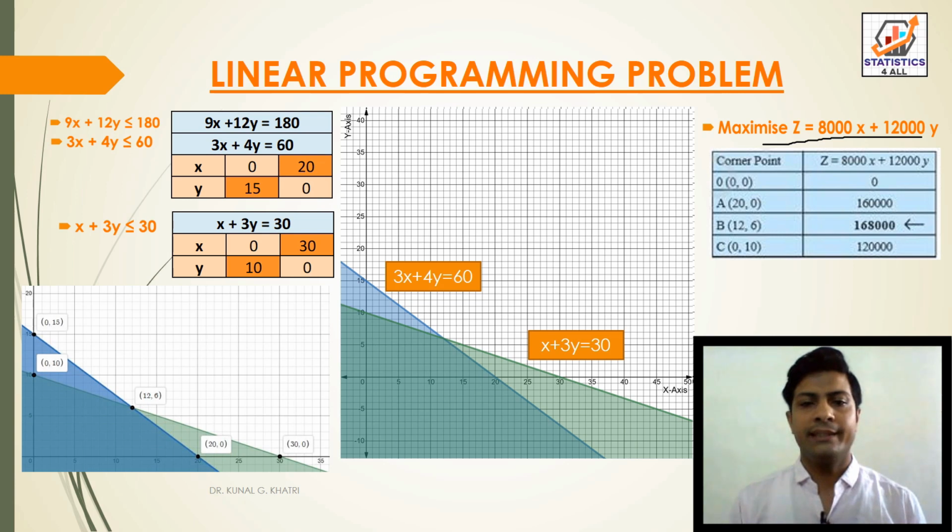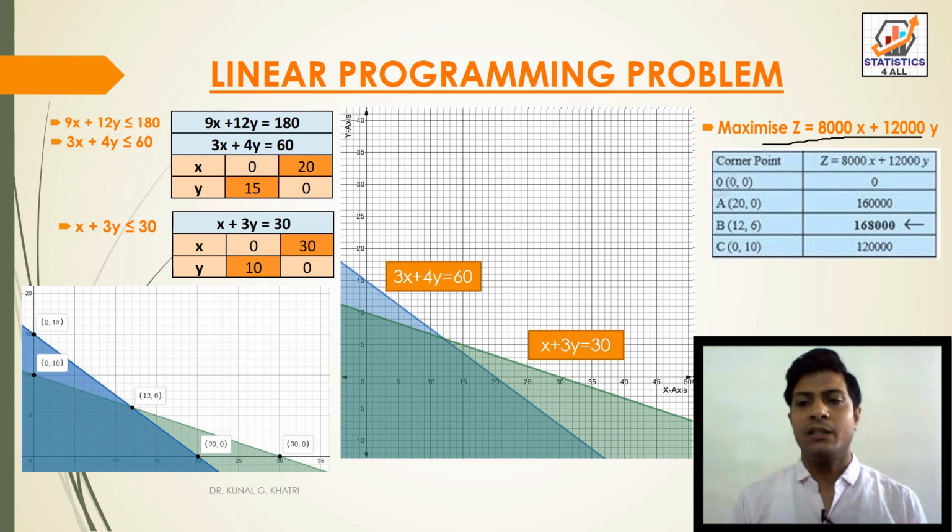So by putting the coordinate 0 0 in the Z equation, we have 0, and putting 20 0 in the Z equation, we have the value 1,60,000. Putting 12 6 in the Z equation, we have 1,68,000, and putting 0 10, we have the value 1,20,000.